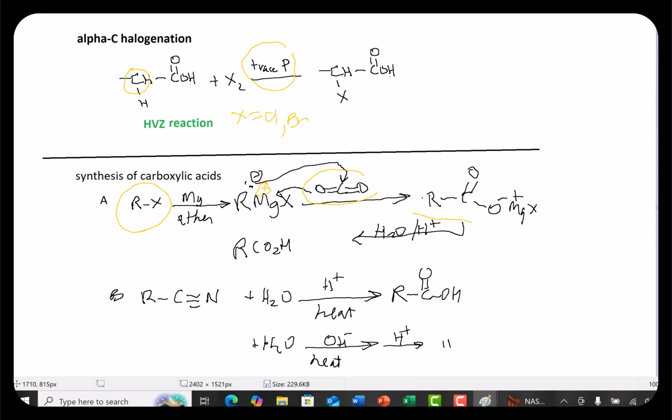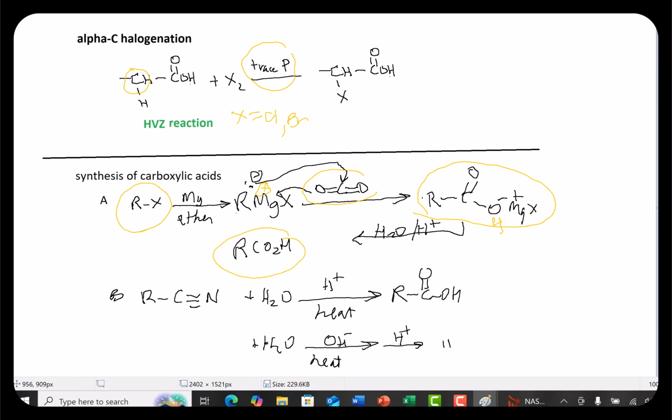This gives an ionic compound shown here. It's a magnesium alkoxylate, a salt. You could isolate it, nobody does. What you do is an acid workup. In the acid workup, hydrogen ion attaches to the oxygen and produces your carboxylic acid product.